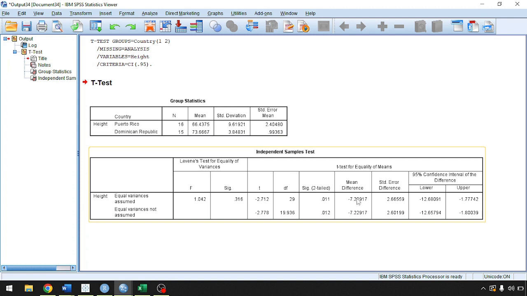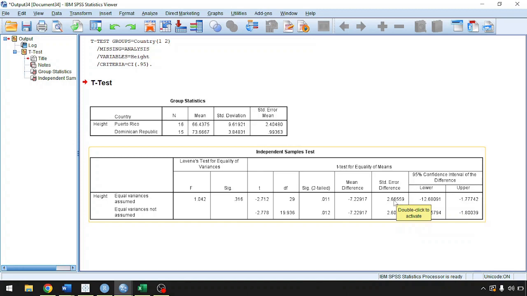So mean difference, standard error difference. These are a little bit complex topics. I'll have separate videos about them. Pretty much, the mean difference is how much the averages differ from each other. As you can see, this is the difference of these two averages. And the standard error difference allows us to build a confidence interval boundary between the lower and upper boundaries.